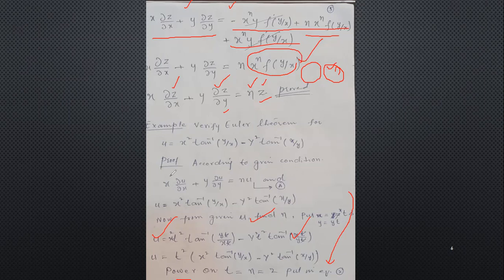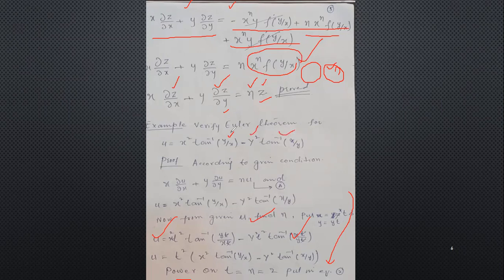Now by using numerical examples, we prove Euler theorem. Here we have u equal to x square tan inverse y upon x minus y square into tan inverse x upon y.